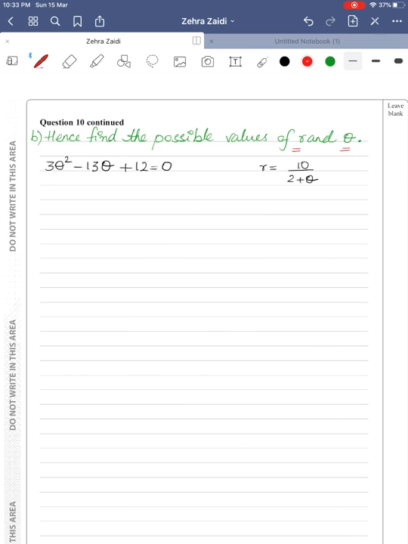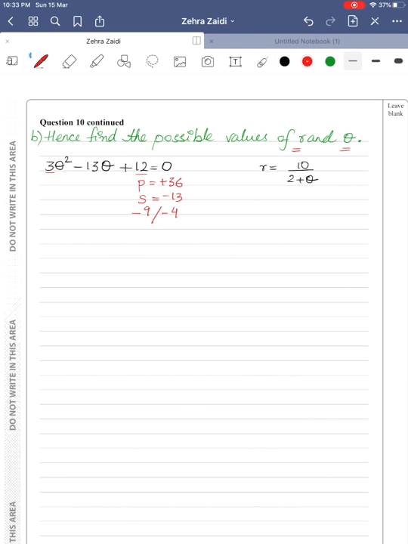Our product here is 12 times 3, which is 36. Our sum is negative 13. We need to find two numbers that multiply to give 36 and add up to give negative 13. So the numbers are minus 9 and minus 4.